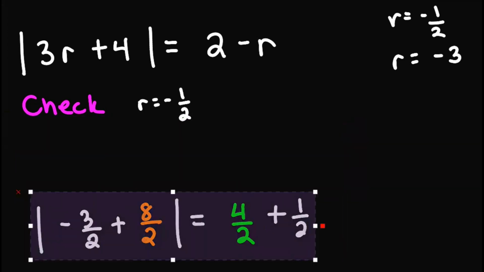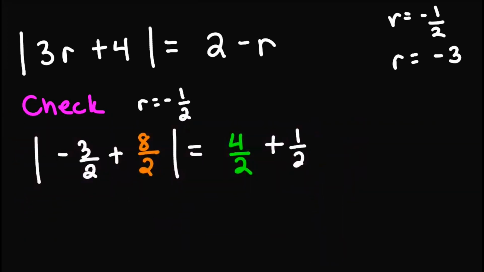So negative 3 over 2 plus 8 over 2 is simply 5 over 2. And 4 over 2 plus 1/2 is simply 5 over 2 as well.